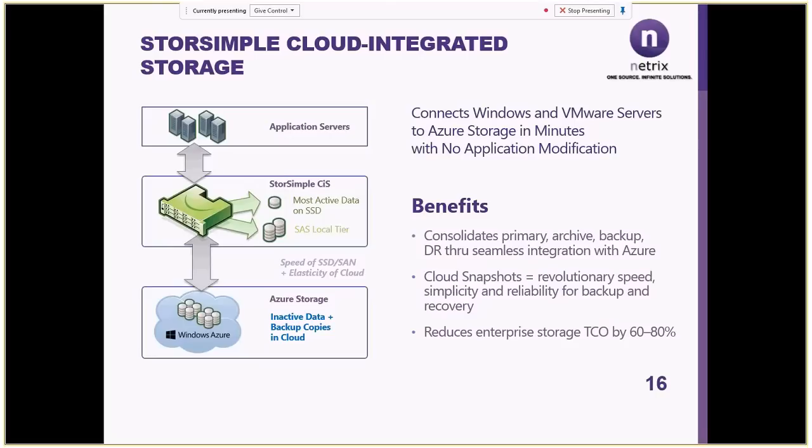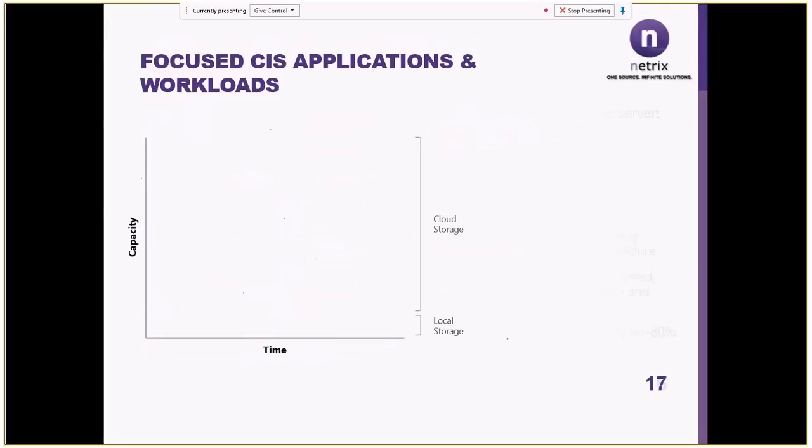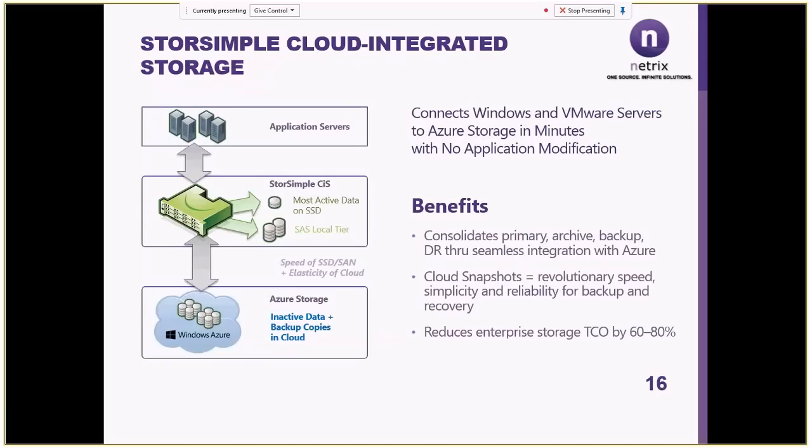And we do what are called snapshots. We can do local snapshots where the information lives on the device, or we can do remote snapshots or cloud snapshots. And combined, this is where we get to that 60 to 80%. So let's go ahead and take a look at what this means.